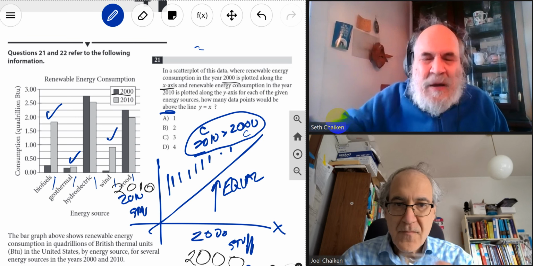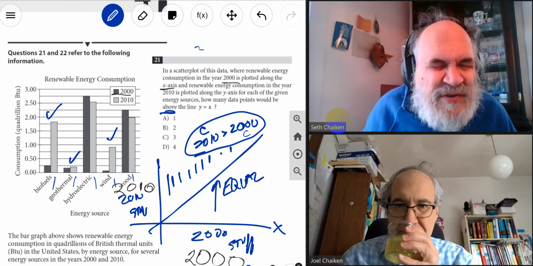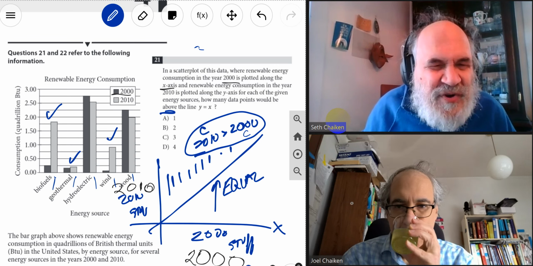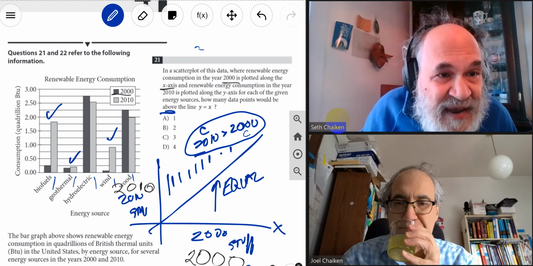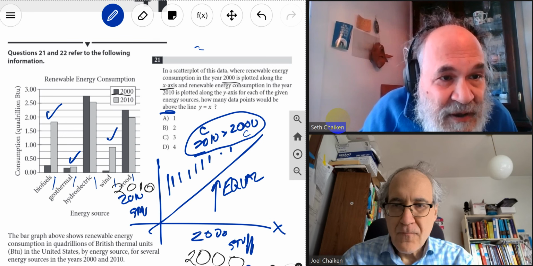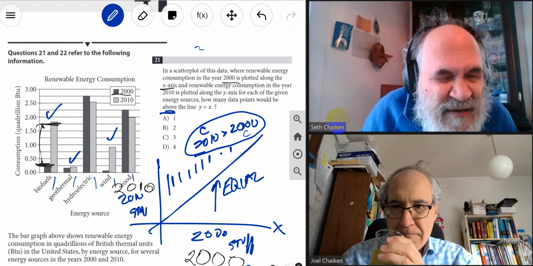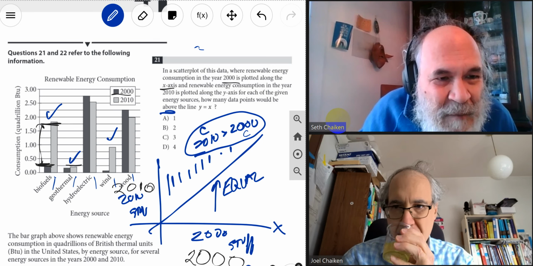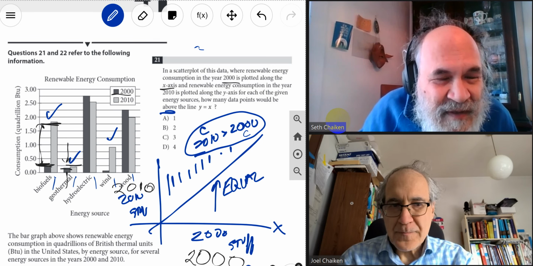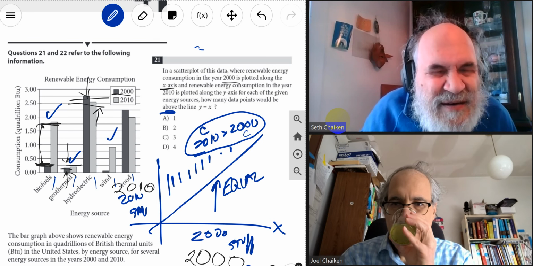Notice we compared the values for 2000 with the values for 2010 by comparing the difference in level, the level of the dark bar compared with the level of the light bar. Really close on that one. So we're looking at these.